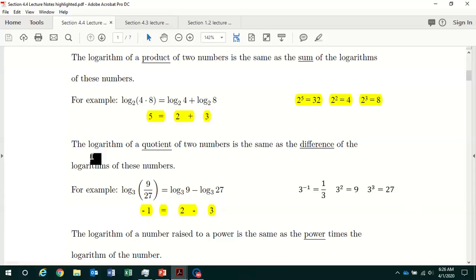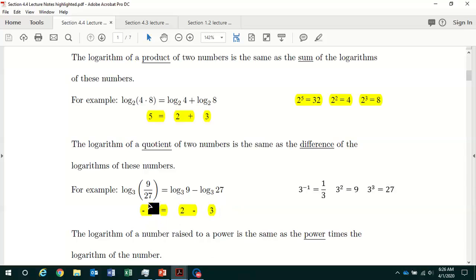In the next example, we're going to demonstrate the quotient rule. Okay? So we're going to take the log of 9/27 and show that that's equal to the log of the numerator 9 minus the log of the denominator 27. And we're doing this in base 3.